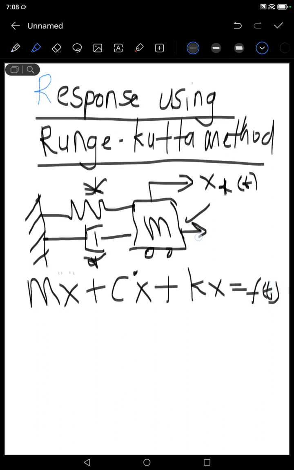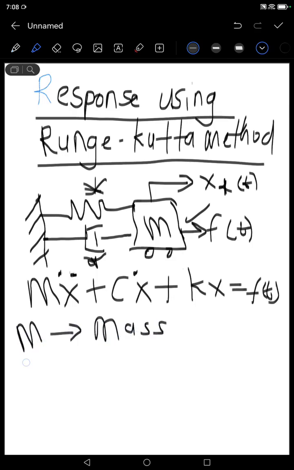So our equation looks like this. This is the acceleration, velocity, and then displacement. The x double dot is acceleration, x dot is velocity, and x is displacement. The m is for mass, and this is c, not e. C is for damping.